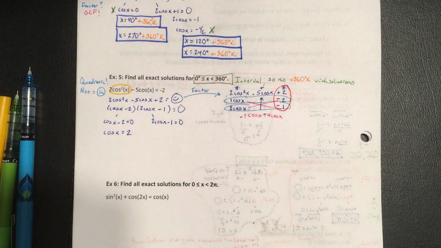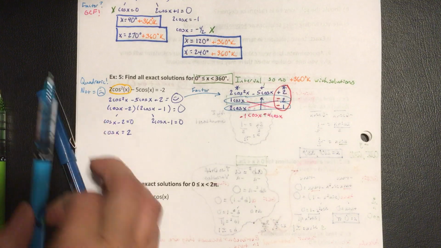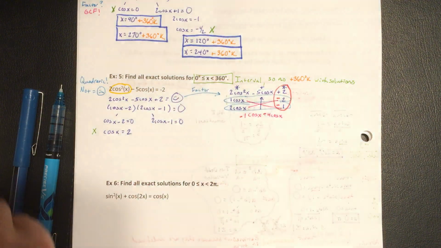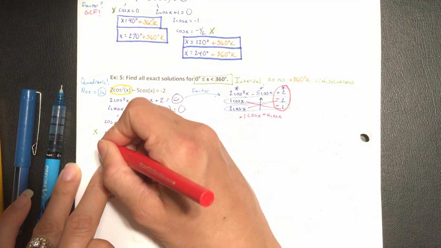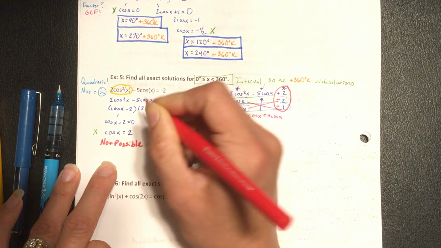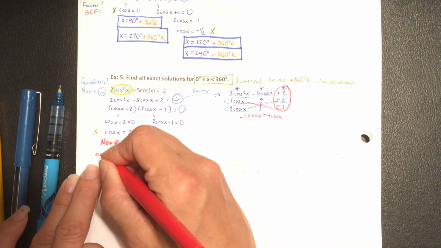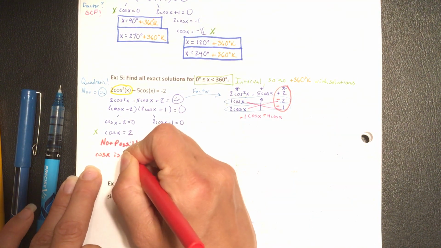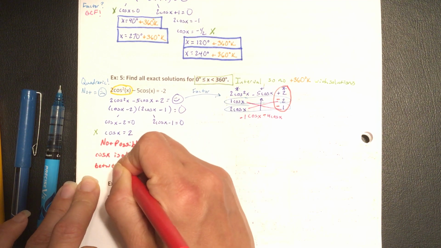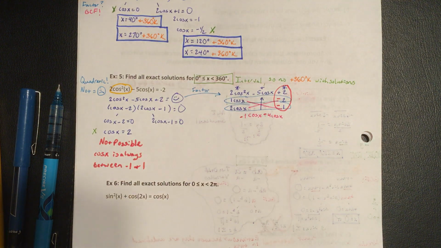So cosine x equals 2 just straight up is not possible, because cosine x is always between negative 1 and positive 1.